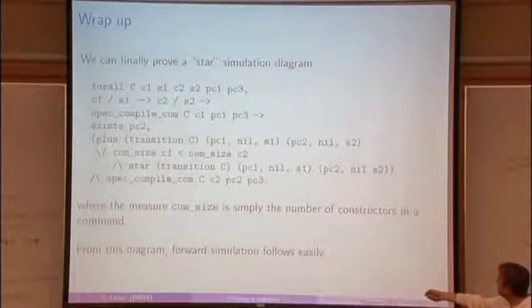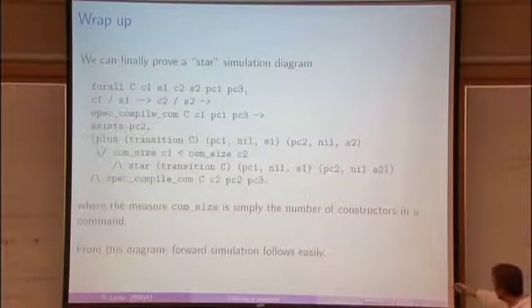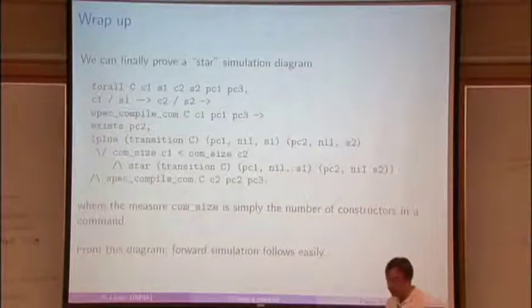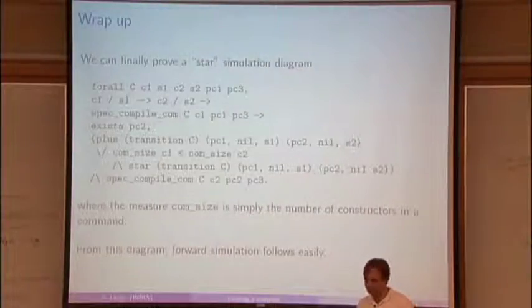Then either the machine can do one or several transitions, or it can do 0, 1 or several transitions, and the size of the command decreases. Sorry, I guess that must be greater than or equal. And the invariant is preserved. And so from this diagram, we get forward simulation, and we get preservation of terminating and non-terminating behaviors, all in one proof. Okay. But that's a significantly harder proof than what we did with big step semantics.